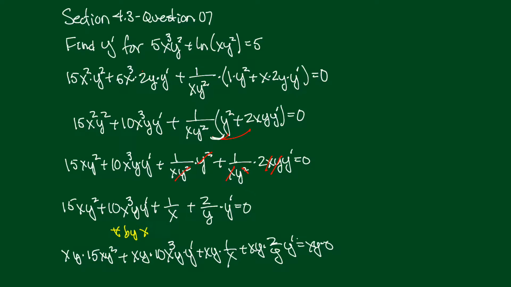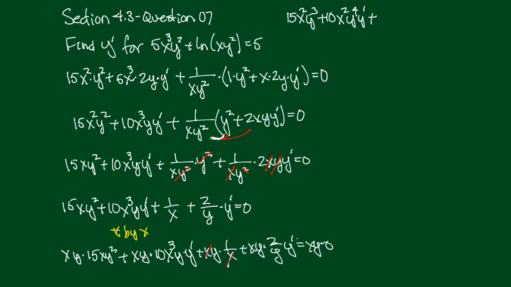We're going to get, from the first one, 15x squared y cubed. Then, down here, we're going to get 10x to the fourth y squared y prime. So that's going to be plus 10x squared y to the fourth y prime, plus, now in this one, the x's cancel.